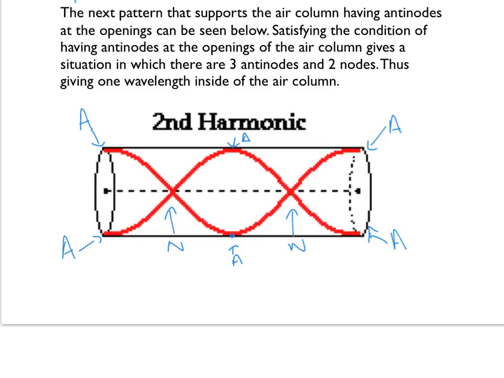So in this situation, we have 3 antinodes and 2 nodes, and this is known as a second harmonic. Your length is equal to 1 wavelength, since, as you can see, this wave starts from a crest and then ends at a crest, and this starts from a trough and ends at a trough.